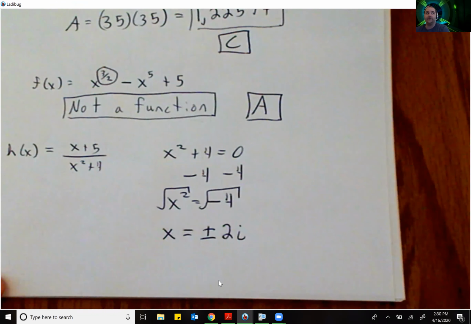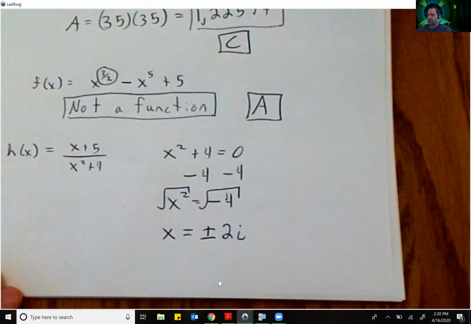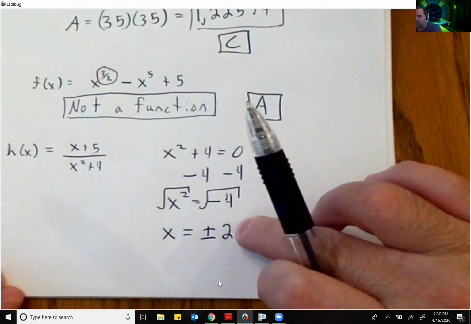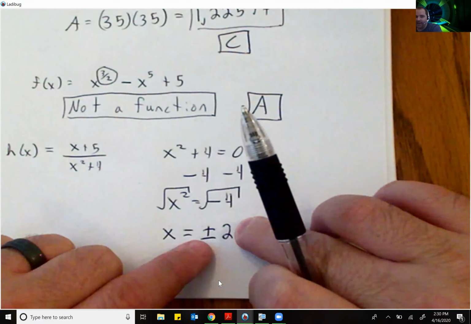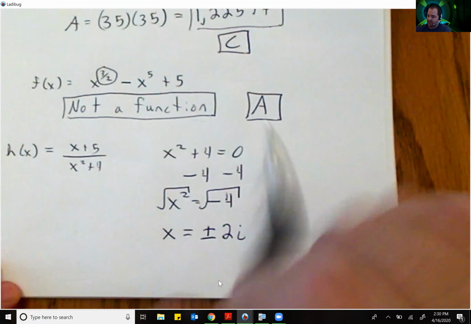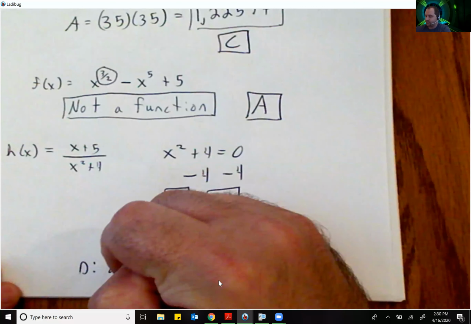Any real values that we will not like? Any values that we have to throw out? No. Because this is complex, that means we're not throwing out any numbers. If this was a real number, like just say it was 2, then we'd be throwing out a positive 2 and a negative 2. But because this is complex, that means this domain is all reals.